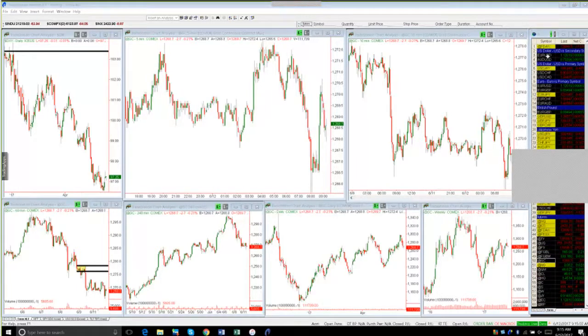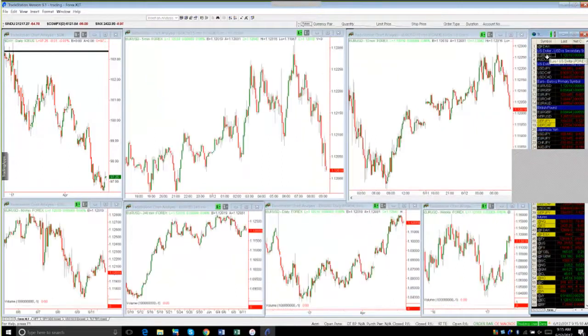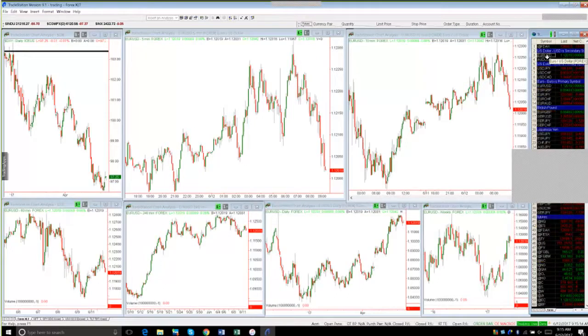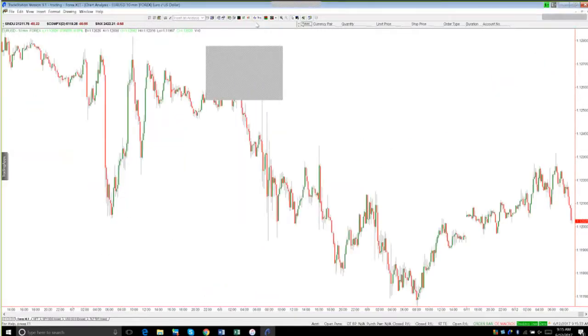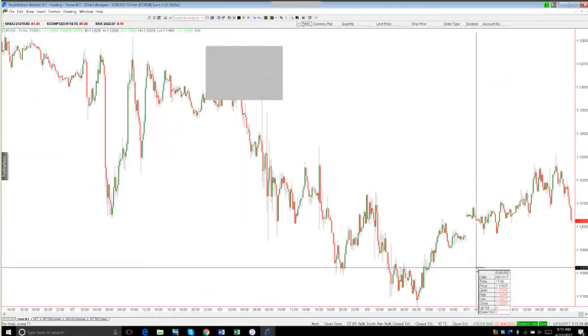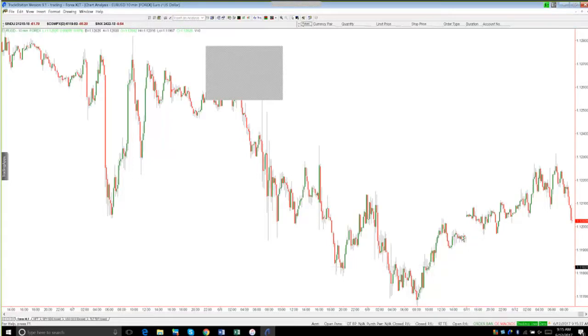Let's start with the euro. Obviously, it's basically the same chart when we look at the larger time frames and the smaller time frames, and I'll blow this chart up here. I'm down to a 5-minute chart, and I can look at a 10-minute chart, and I can look at a 2-minute chart. Basically, my point is you don't really have any significant demand until you come down to here.